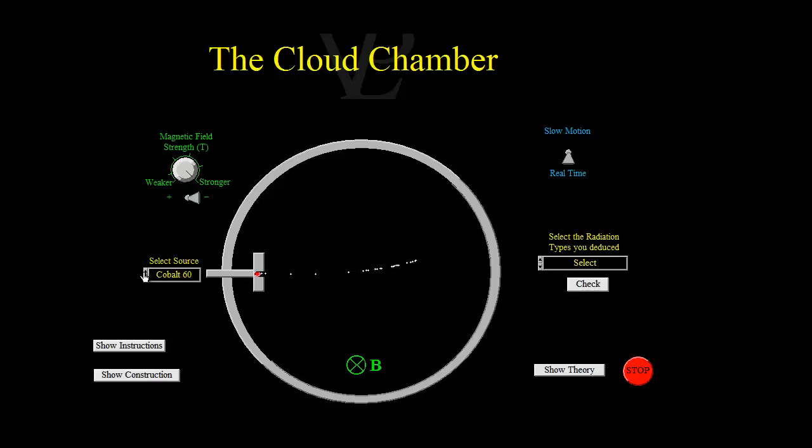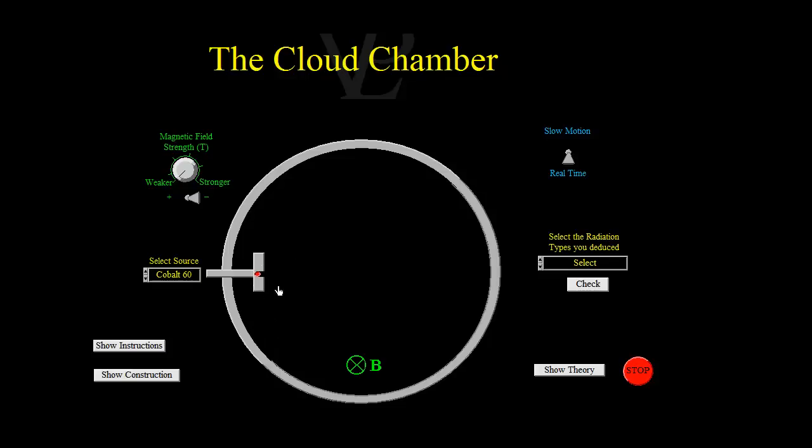Okay, if I now go on to the cobalt-60 source, which is another source usually found in colleges, you can see you get a very, very faint vapour coming out, and then if I make the magnetic field a lot weaker, there we go, so we've also got a beta particle coming out. Now most school sources, the source actually shields the beta, so you don't see that coming through.